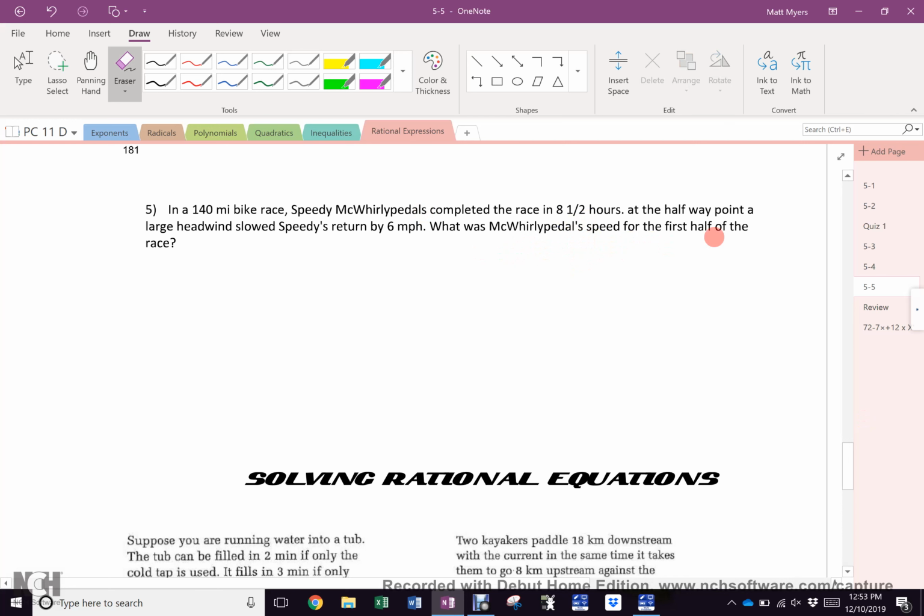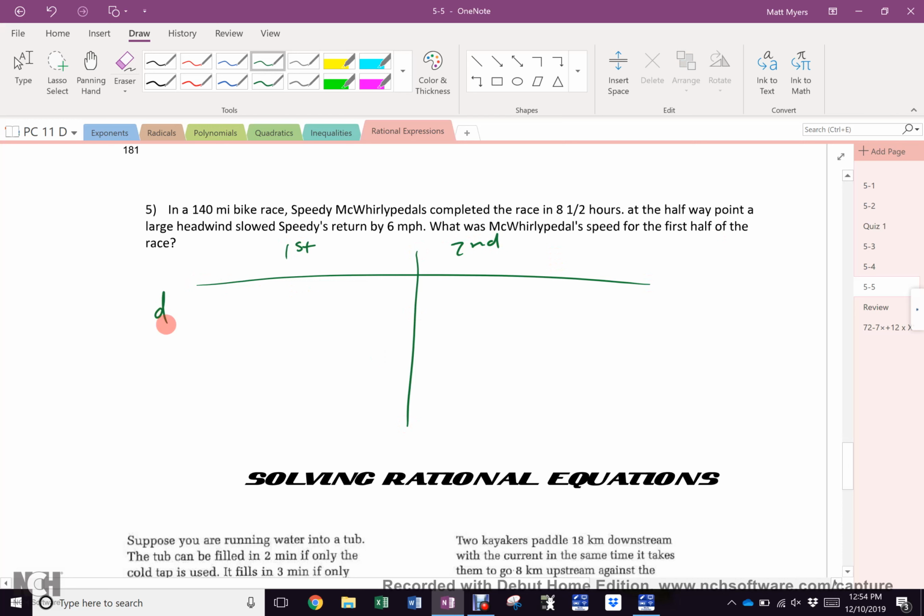Yes, you do. All right, so anyways, what do we know about McWhirly Pedals? What's happening in this race? It's a bike race, and that bike race, something has happened to it. It has been split into what? 2, because in the first half something happened, and in the second half something happened.